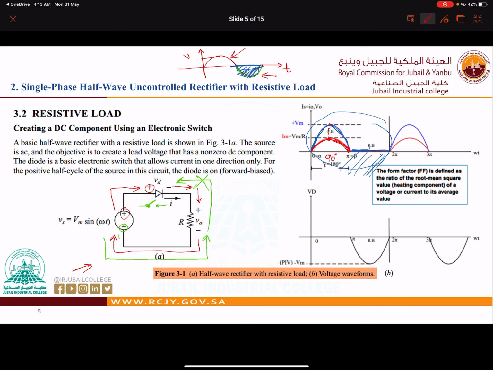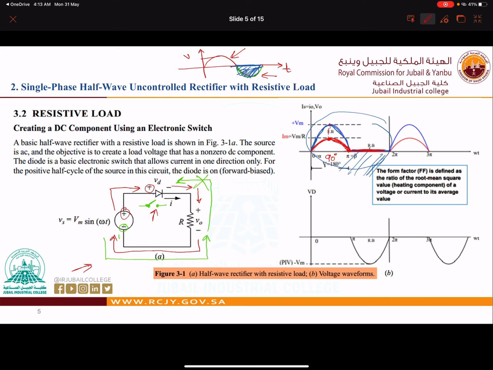Of course, because of the open circuit here, when the reverse bias is coming, then we will have zero current for the negative supply. Now this is the principle of the diode.